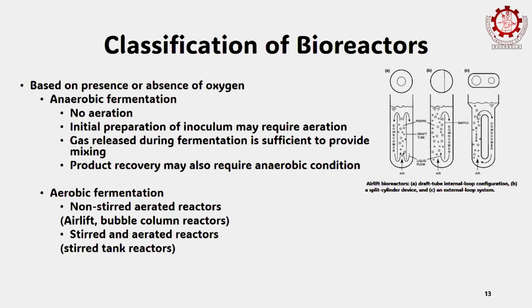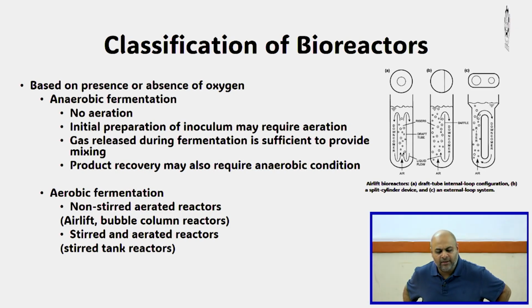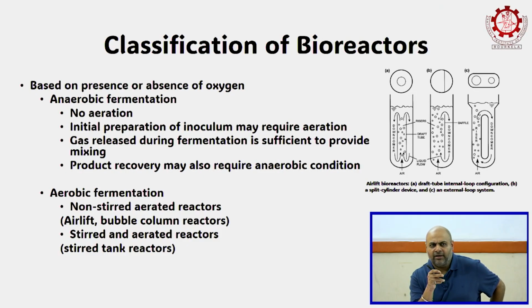Now, let's get into the classifications of bioreactors. Now, bioreactors can be classified based on the presence or absence of oxygen. Before we start discussing that, can you tell me the two types of bioreactors that we have actually discussed once on day one?